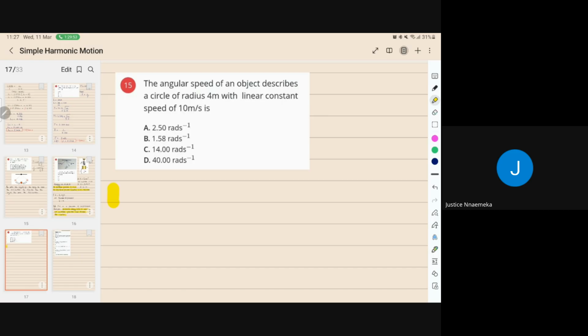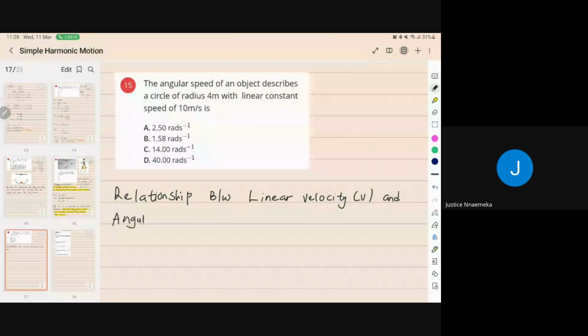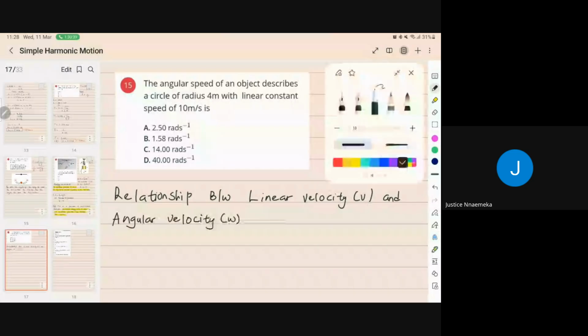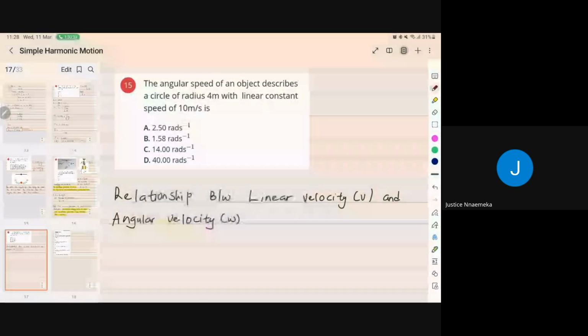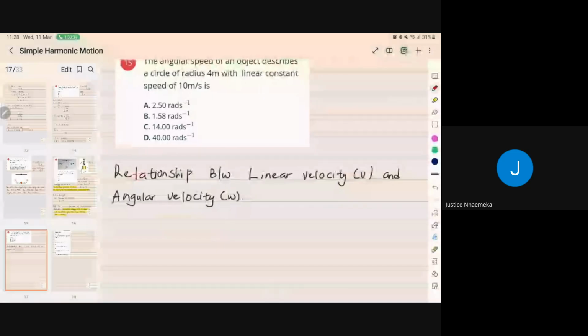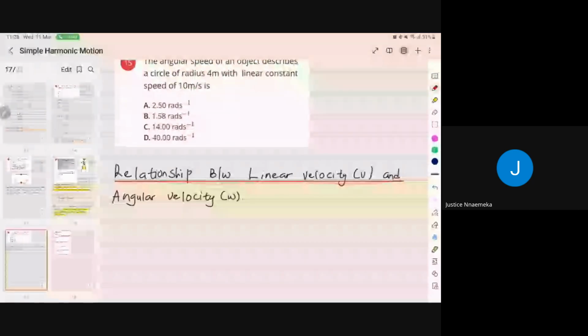Let's look at the relationship between linear velocity and angular velocity. You know the linear velocity v, right?